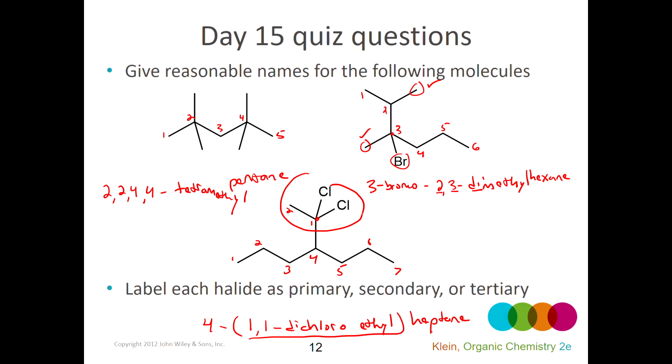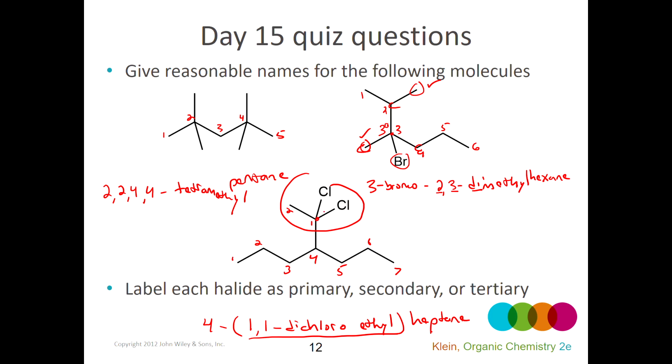So those of you whose quiz questions I was able to look at before today, most of you got those names nice and correct. This bromine here is on a tertiary carbon. Tertiary carbon because the carbon has 1, 2, 3 other carbons attached.